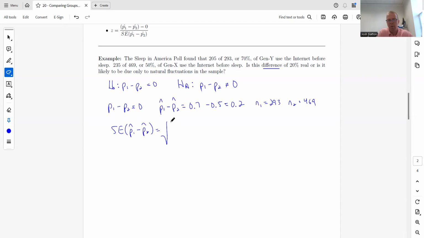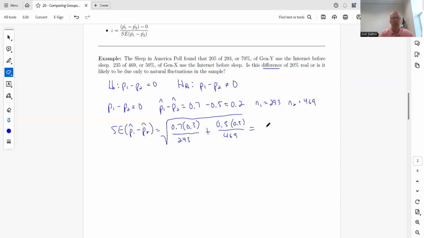And so that's going to be the square root of 0.70, and then the q would be 0.30, and the n is 293. And we always add these. And p hat 2 or p2 hat 0.5, so then the q would be 0.5, and the n for this one is 469. And carefully put all that in the calculator.